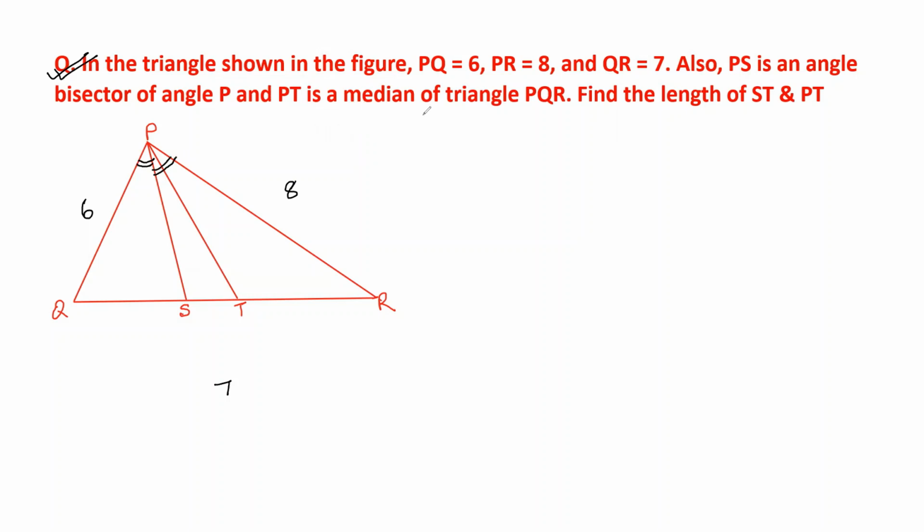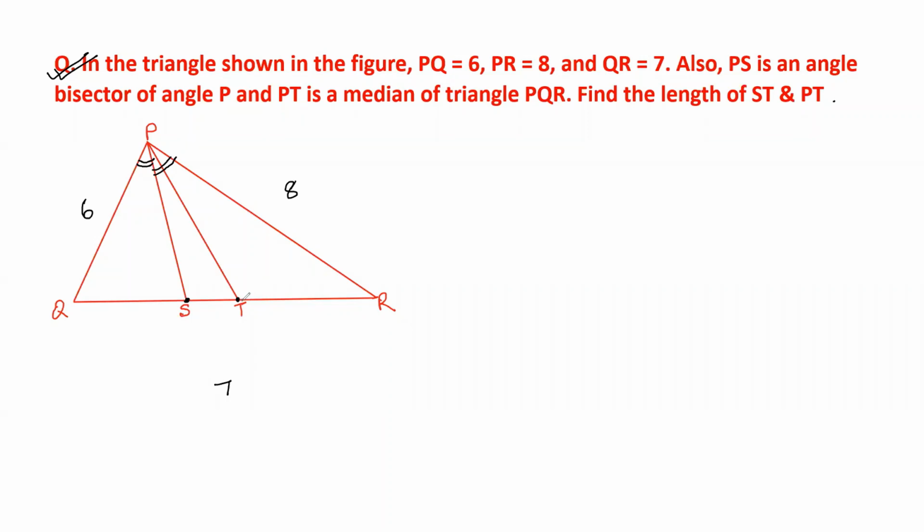So this angle will be equal to this angle. Also, PT is the median of triangle PQR. Since PT is the median, this T would be the midpoint of the side QR. So the length of QT and the length of TR would be same. And we need to find the length of ST and the length of PT.